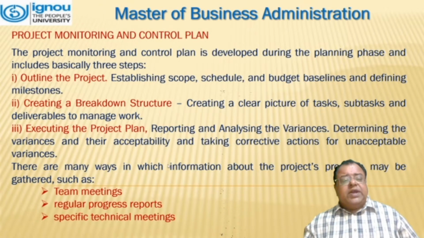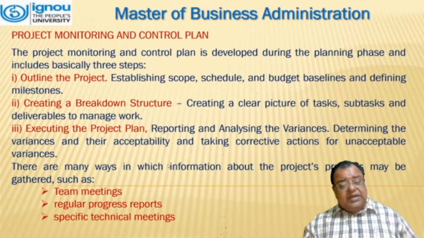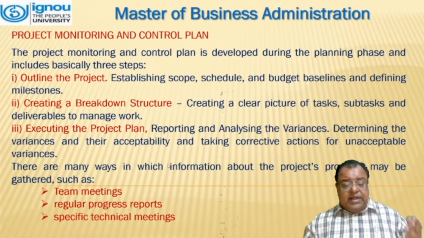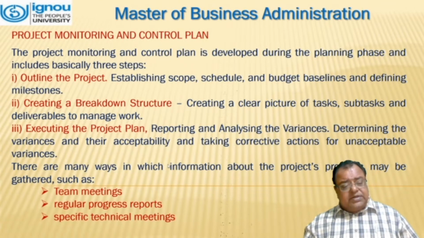Second one is creating a breakdown structure, creating a clear picture of tasks, subtasks, and deliverables to manage work. And the third one is executing the project plan. That means reporting and analyzing the variances, determining the variances and their acceptability, and taking corrective actions for unacceptable variances.